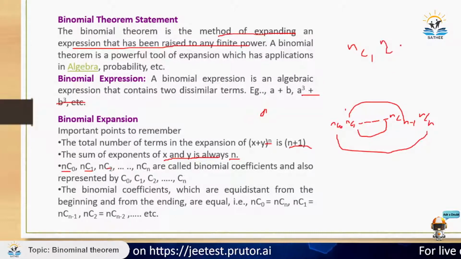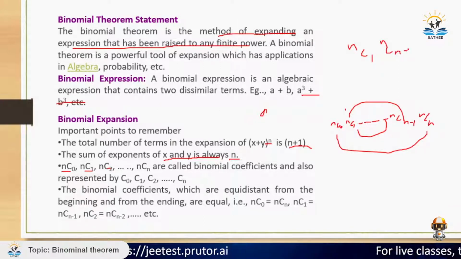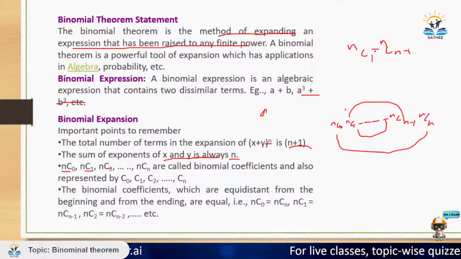These two both be equal, which means the sum of these two should be equal to n. 1 plus n minus 1 is equal to n, so these two are equal.